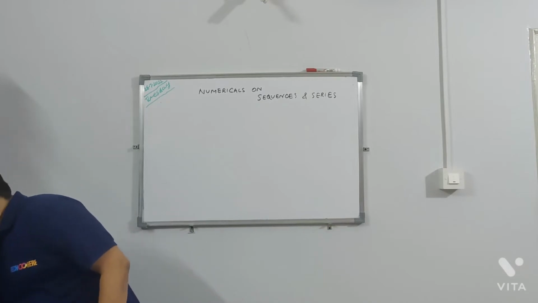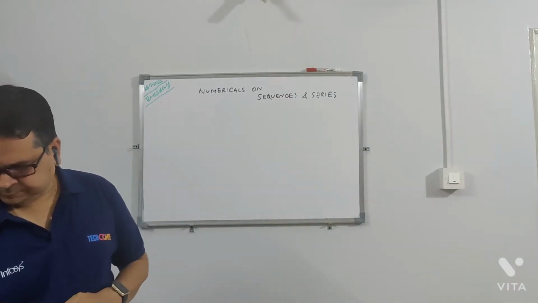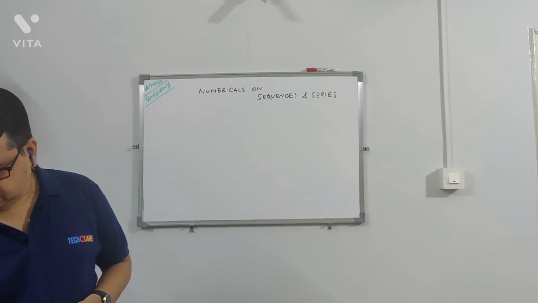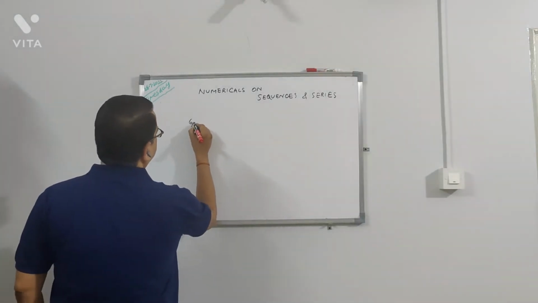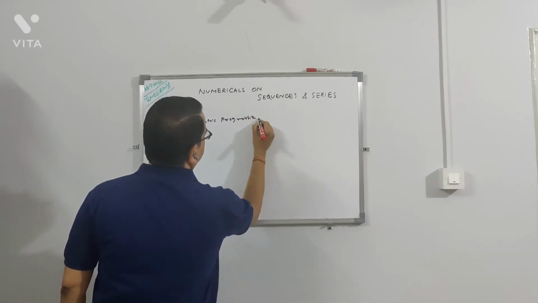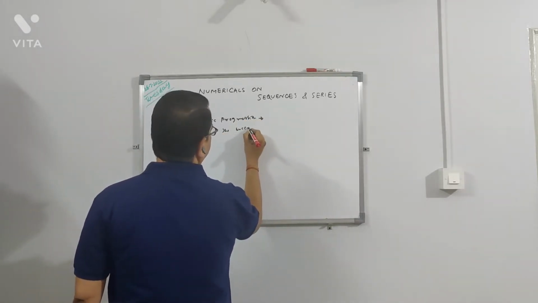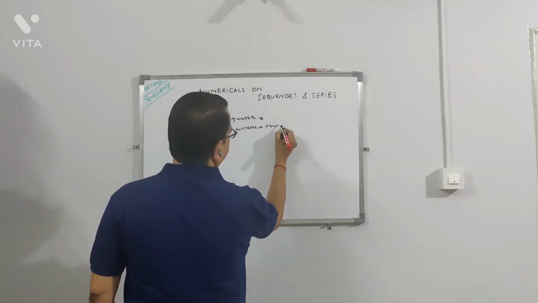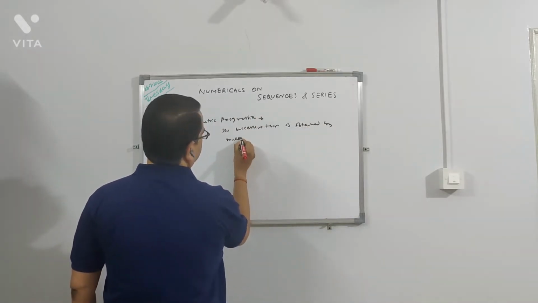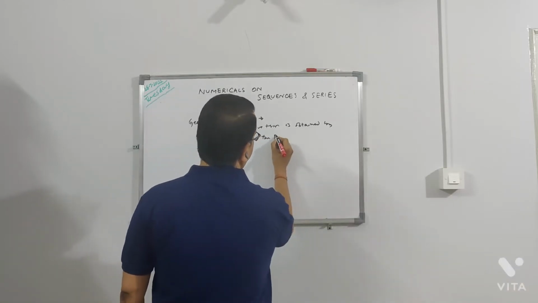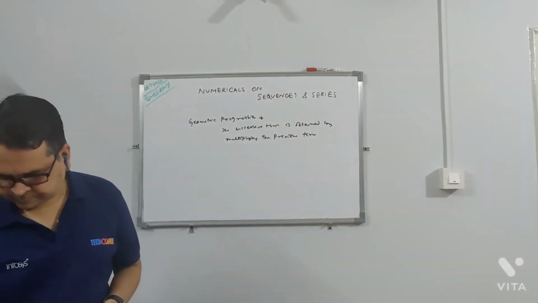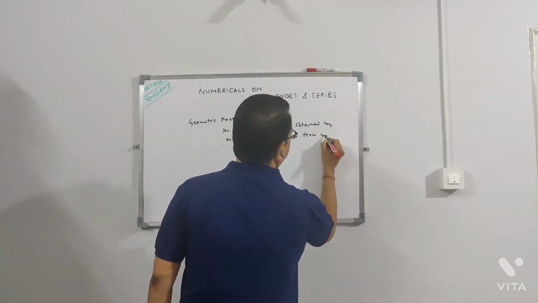So in geometric progression, the successive term is obtained by multiplying the previous term by a non-zero constant. Okay, by a non-zero constant.